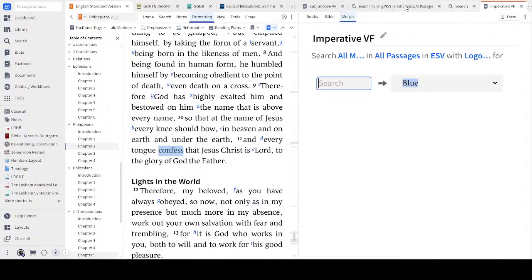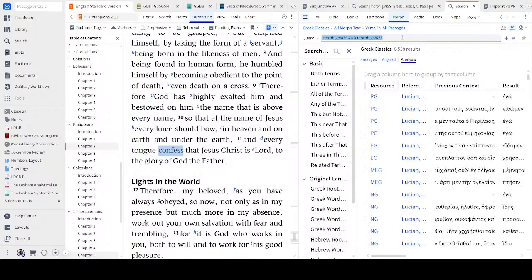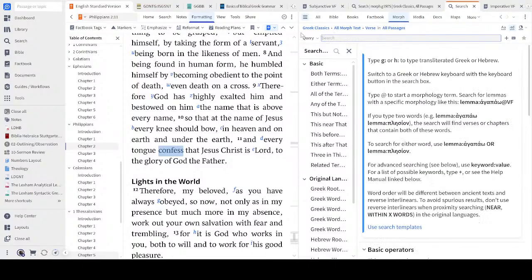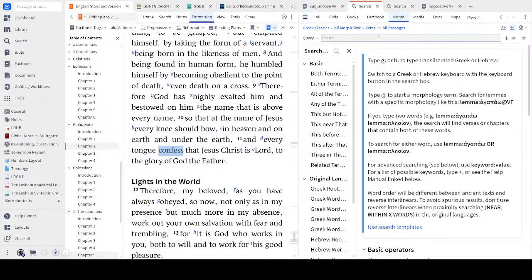Now, just keep in mind, sometimes you may get things that show up in Logos that should not be showing up.